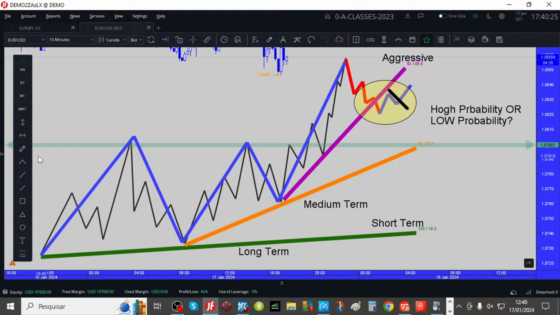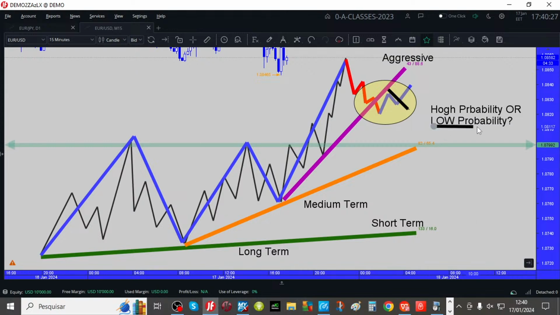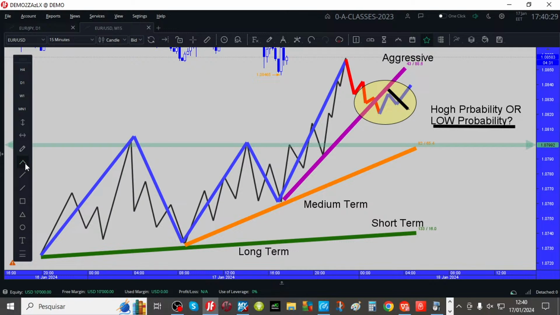Clara says low. Very good, low. So if I have a low probability trade, should I enter or could I enter? What's the answer? Or should I stay out? Sandy says high. No, it's a low probability trade, Sandy.